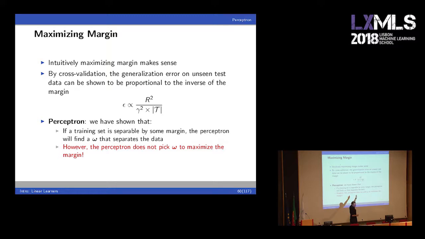And this falls out of the proof that we gave for the perceptron. Maximizing the margin is a good idea if you want to have a good result on unseen data. So this is how machine learning comes into play in the application of convex optimization.